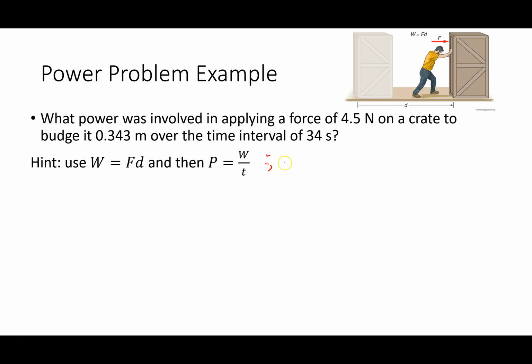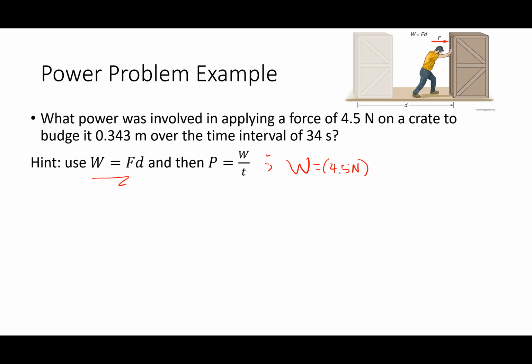Let's go back to the problem. We said he's doing horizontal work, so work is equal to force times distance. I'm going to plug in the force. The force is 4.5 newtons. And again, I will be looking in the homework and on your test questions for you to put the units.